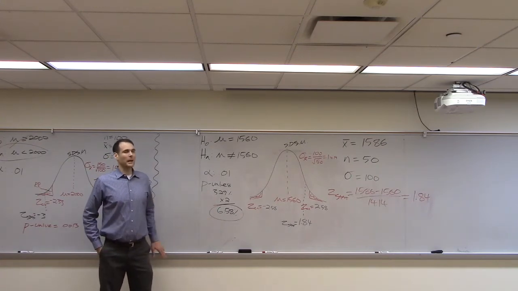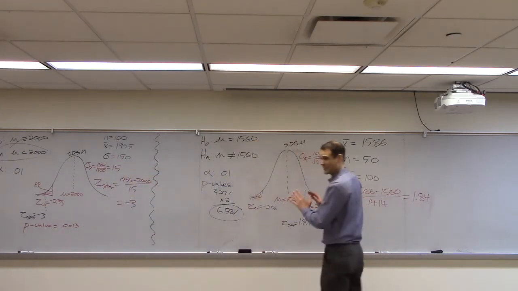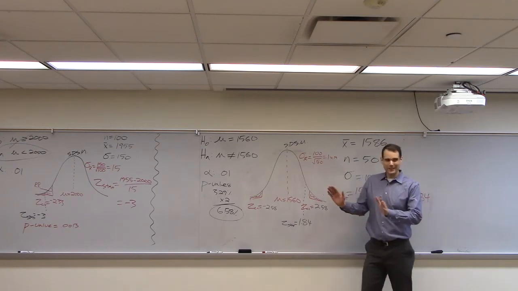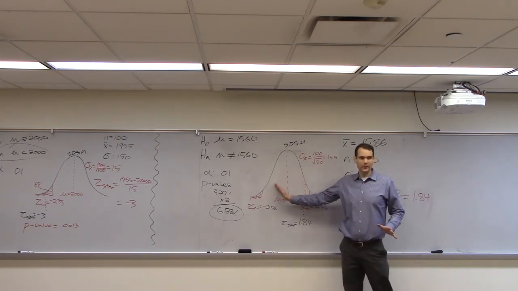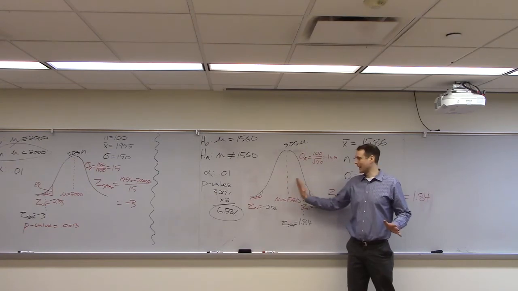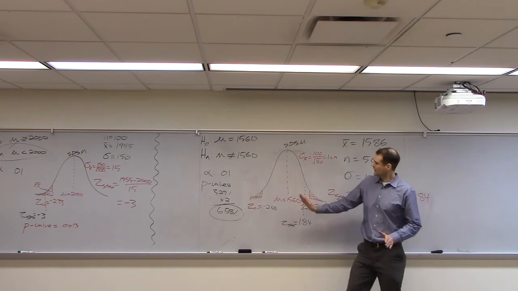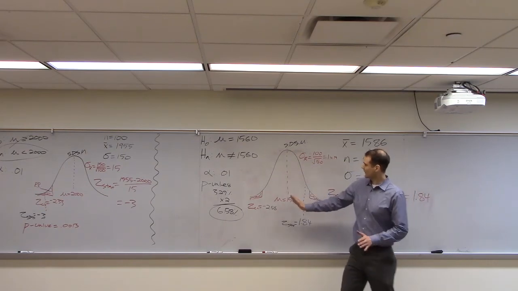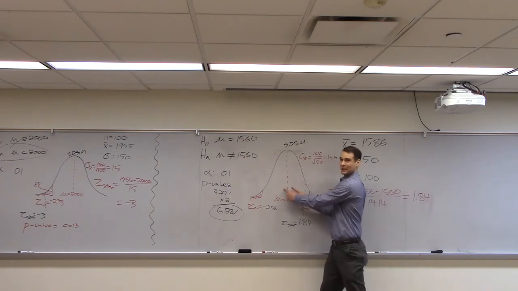The rationale behind that is, before we started this test, we did not know whether the sample mean was going to be higher or lower than the null hypothesis. Either one would have been a possible way to disprove the null hypothesis. We're looking right at 1560. If the sample mean's a little bit lower, that's fine. A little bit higher, that's fine.